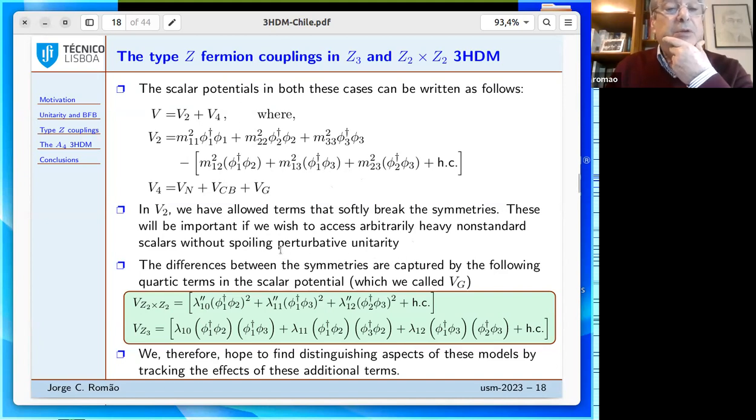Now, the differences that we are looking at will come from the quartic terms, which for these two cases have these expressions that I've already shown you before. And we therefore hope to find some distinguishing aspects of these models by checking the effects of these additional terms.